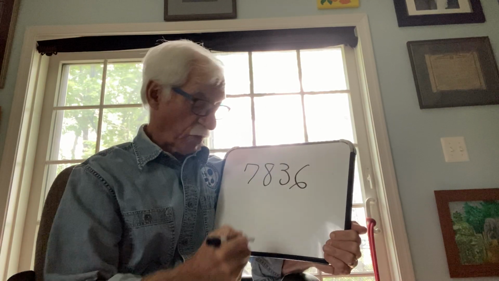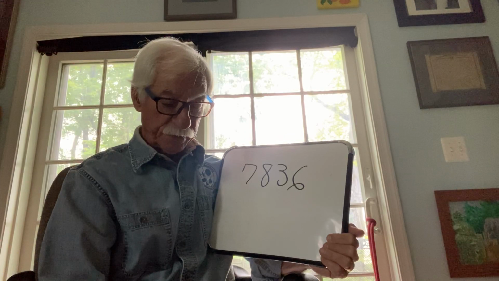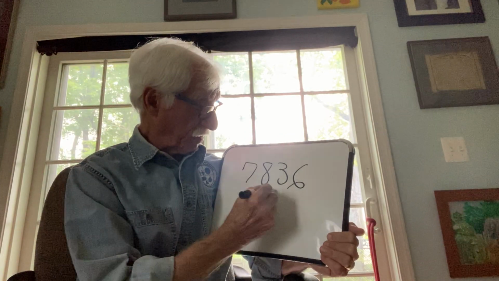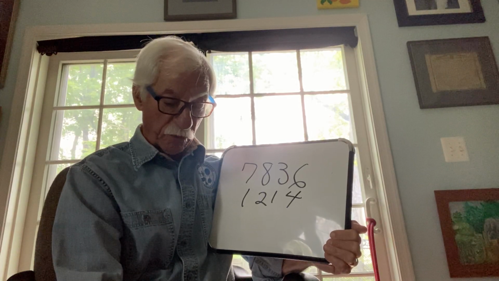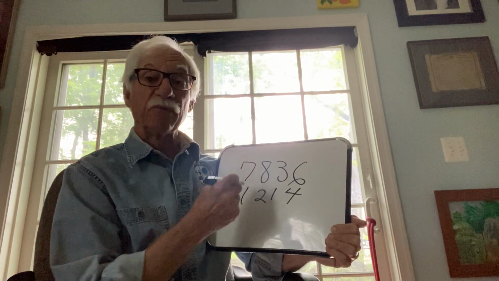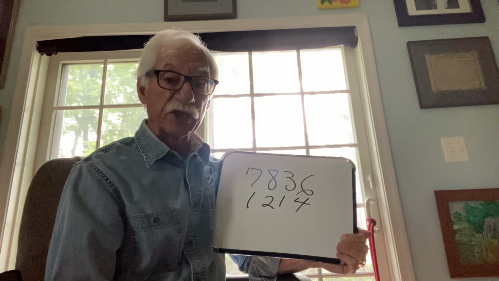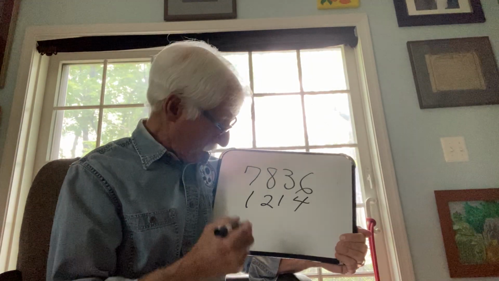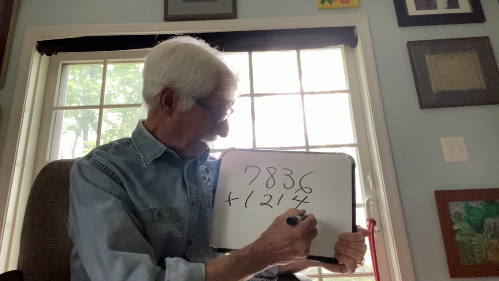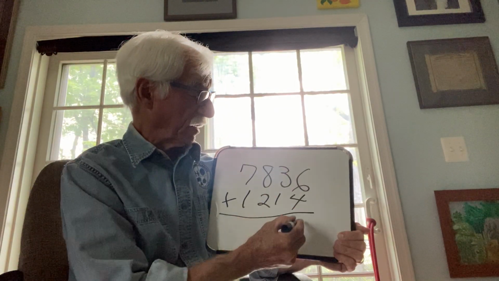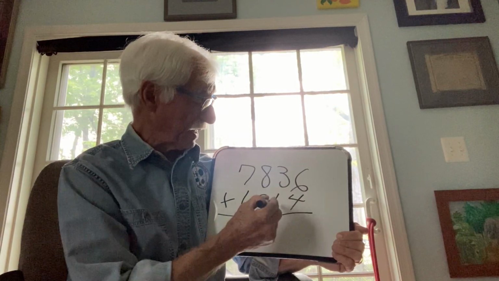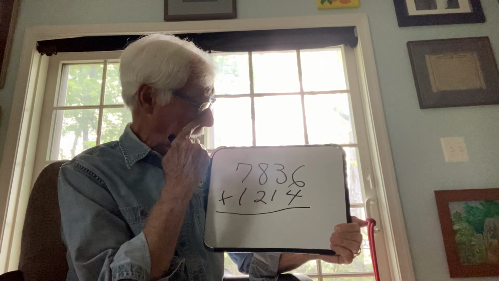7,836 square miles for New Jersey, 1,214 square miles for Rhode Island. And if we want to know how much area they have in all, then we have to add it up, don't we? Notice I've put my units in line, in place value, my units, tens, hundreds, and thousands.